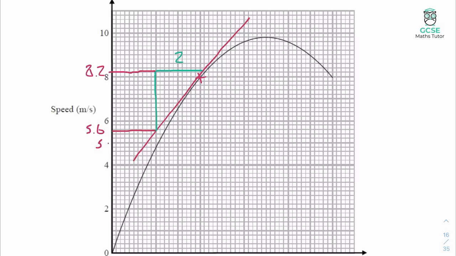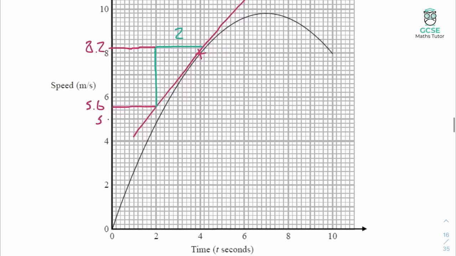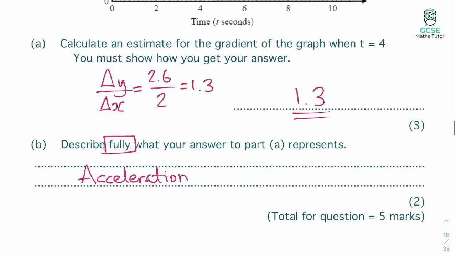So let's imagine it was about volume. It might be the speed at which something fills up per second. But when it's the change of speed over time, that is quite literally acceleration. So that's acceleration at the time when t equals 4.